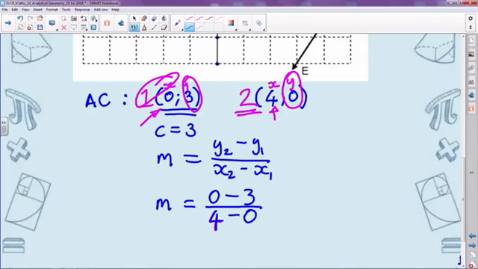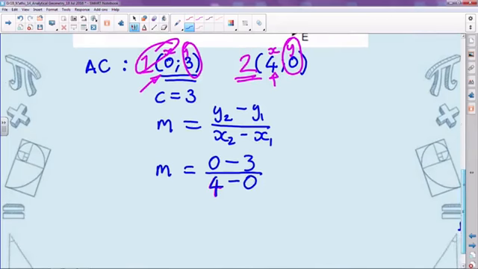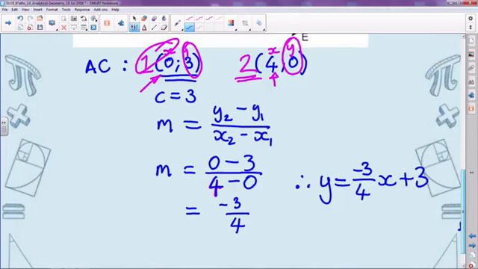So actually quite an easy calculation. It means that our gradient is going to be equal to negative 3 over 4. So that means our line has an equation of y equals negative 3 over 4 x plus 3.